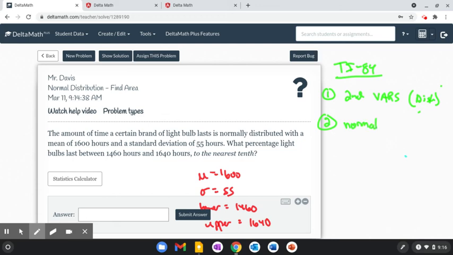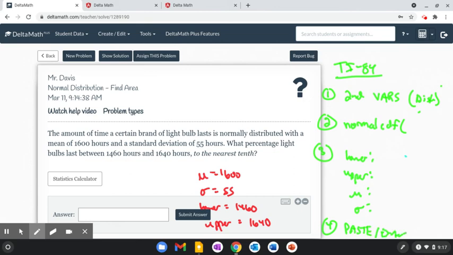Click on normal CDF. Very simple. It's going to ask you for your lower, upper, mean, and standard deviation. So just type in your lower, upper, mu, and sigma. That's all there is to it. And then you're just going to hit paste and enter.